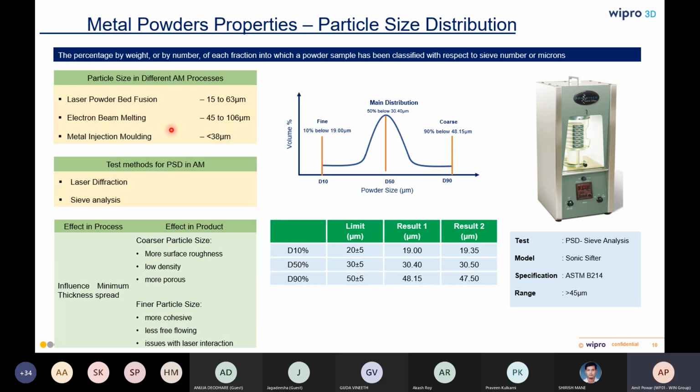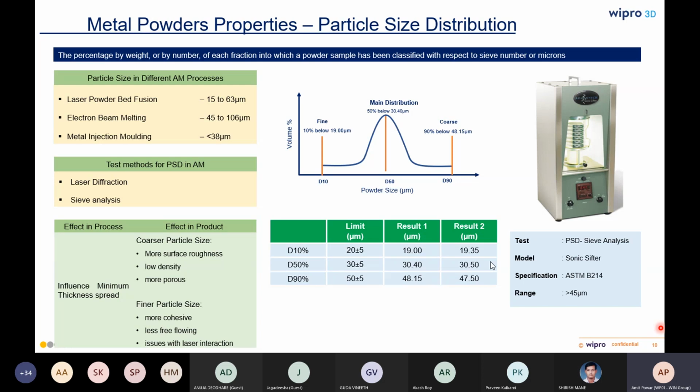Electron beam melting requires 45 to 106 micron, and for metal injection molding the particle size is less than 38 micron. This particle size distribution can be checked with two methods: one is laser diffraction, the second is sieve analysis. Laser diffraction is more advanced and can give you more information.